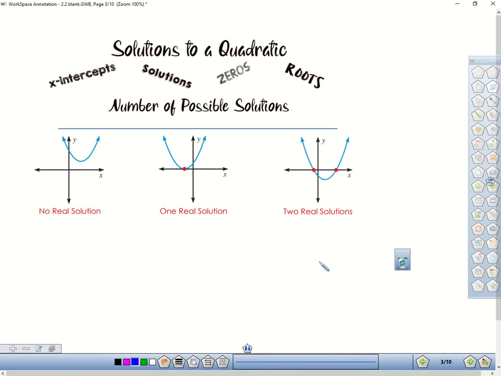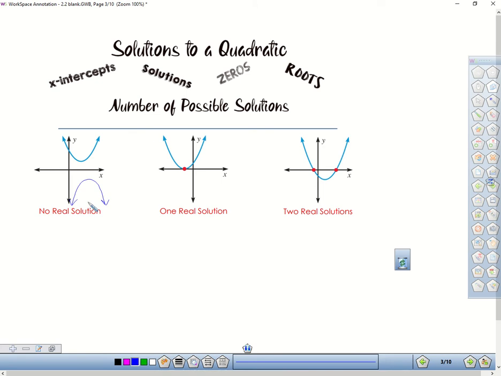So solutions to a quadratic come in three different forms. The first form is that you have no real solution, and this occurs when the quadratic will never cross the x-axis. Okay? And there's two ways that this can occur. Either your quadratic is a positive quadratic that starts above the x-axis, or it's a negative quadratic that starts and goes downward below the x-axis.